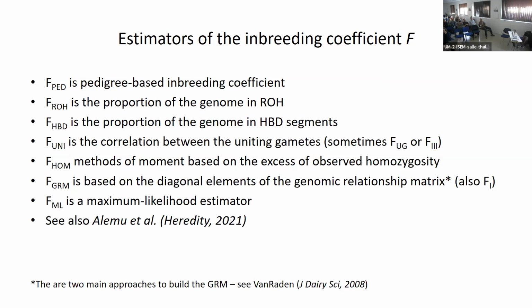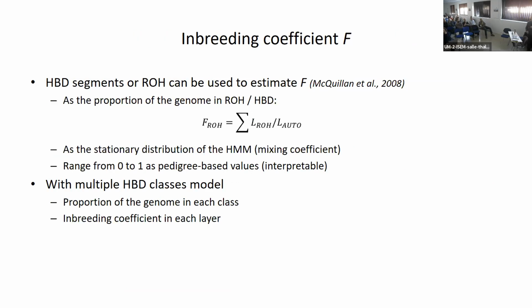Just to tell you that united gametes, GRM or excess homozygosity can go from -1 to 1 or even beyond 1 or -1, and it's not always easy to interpret. With a multiple HBD class model, you can even know the proportion of the genome in each class.